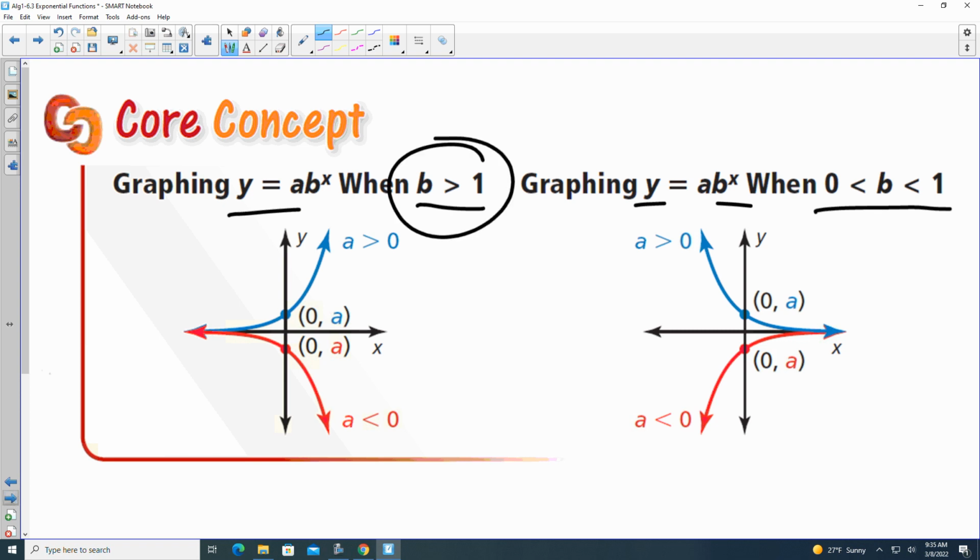Anytime b is greater than 1, this is an example of exponential growth. It's more in tune when a is positive, but it's an indicator of exponential growth. And when b is a fraction between 0 and 1, it's an example of exponential decay.